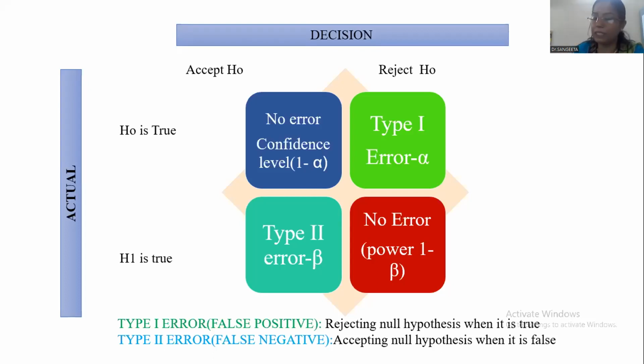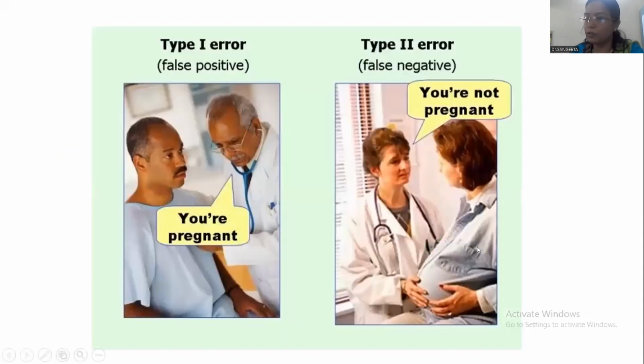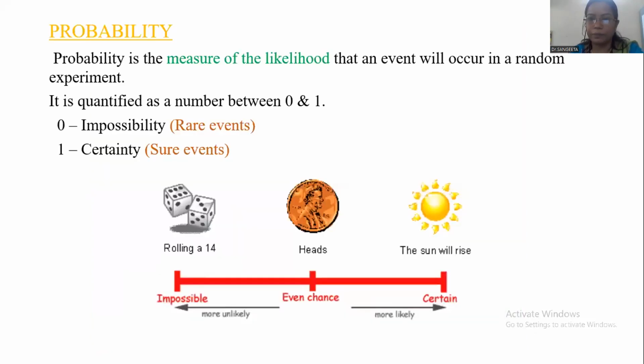And then you have a beta error, which is false negative. Clear? I'm just going through the queries. I will answer each one of them.